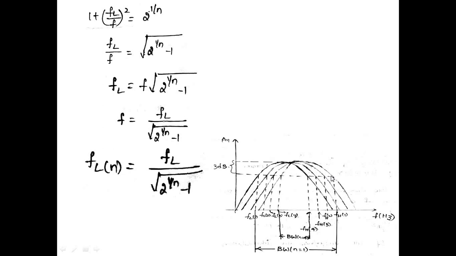When you increase to 2 stages, this is the upper cutoff frequency and this is the lower cutoff frequency. You go for stage 3, this is the upper cutoff frequency and this is the lower cutoff frequency. You go for stage 4, upper cutoff frequency and lower cutoff frequency. It is very clear that as you increase the number of stages, the bandwidth is going to decrease. This is one important factor we need to remember.